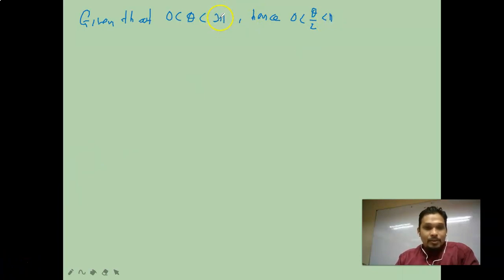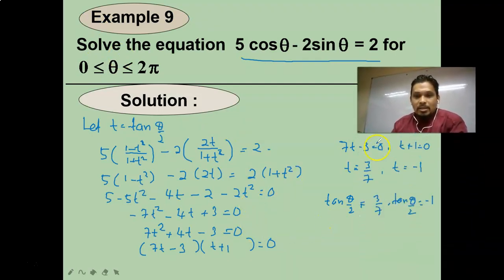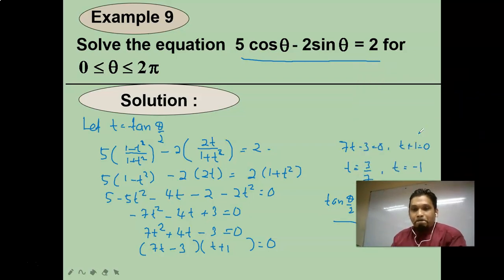Okay, now, just now we got two equations. Okay, two factors. The first is tangent theta over 2 equals 3 over 7 and tangent theta over 2 equals negative 1.